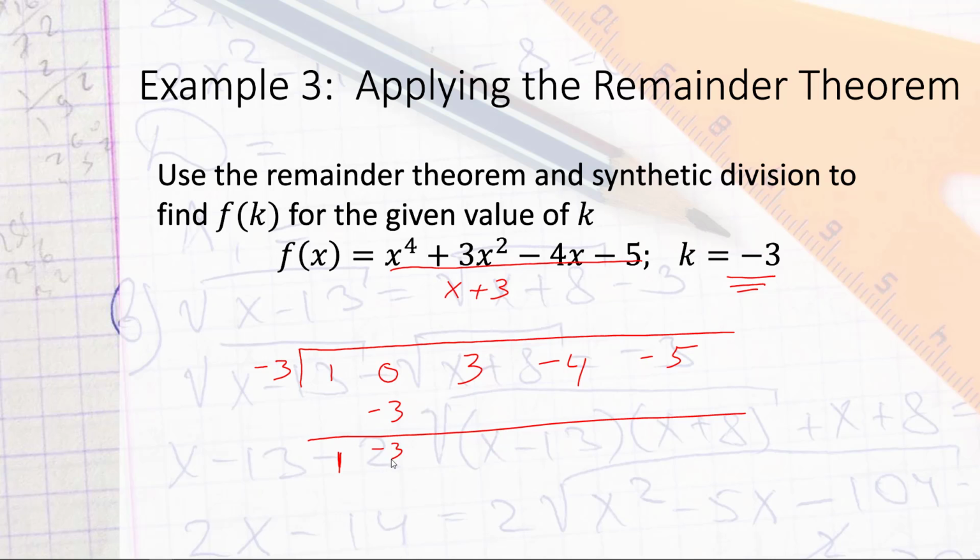Negative 3 times negative 3 is positive 9. 3 plus 9 is 12. Negative 3 times 12 is negative 36. This adds to negative 40. Negative 3 times negative 40 is positive 120. Negative 5 plus 120 is 115.